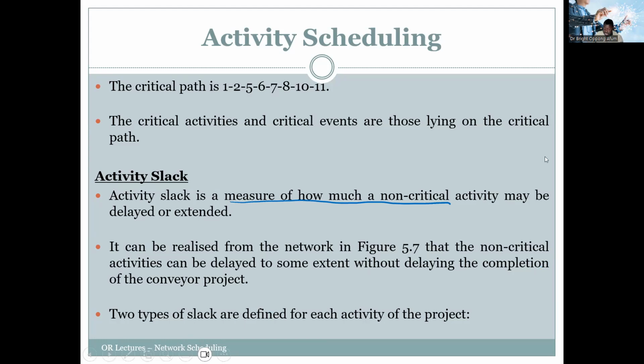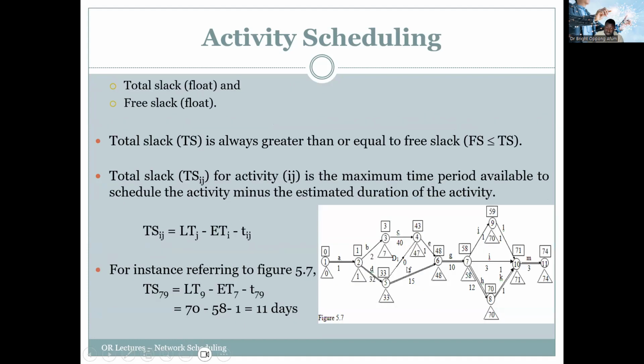Two types of slack are available for each activity. So we have a total slack, which is also called float, and also free slack. So total slack is always greater than or equal to the free slack. So the free slack is always less than or equal to the total slack.